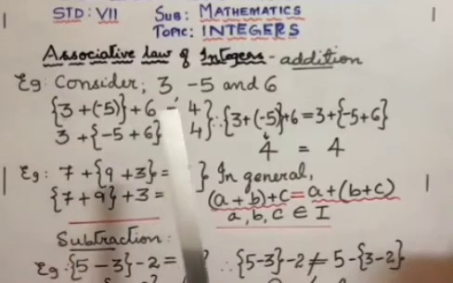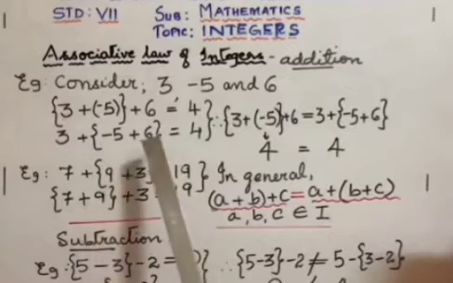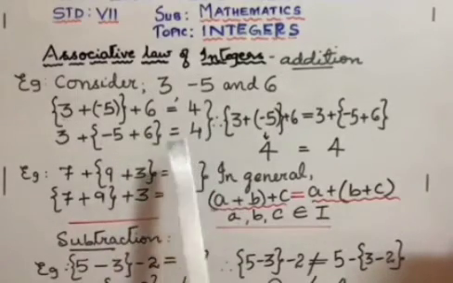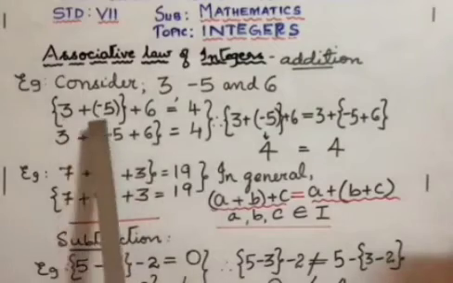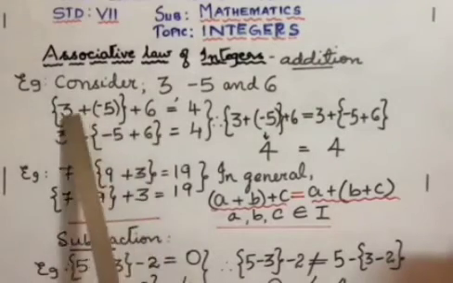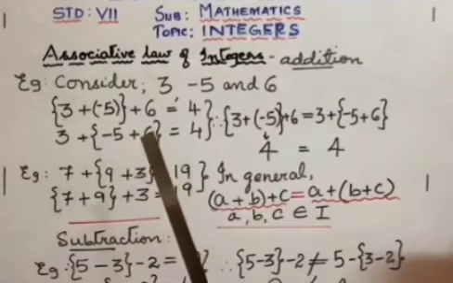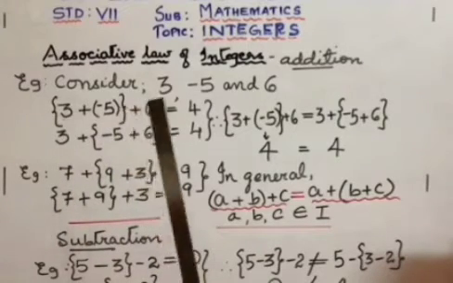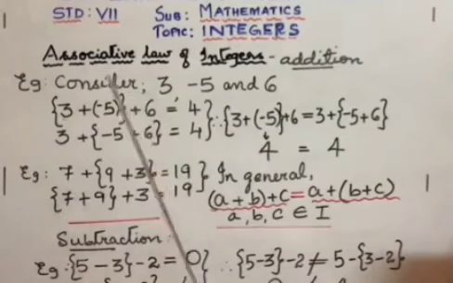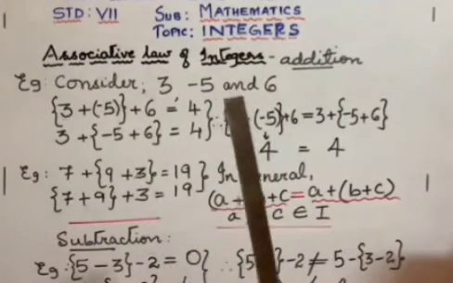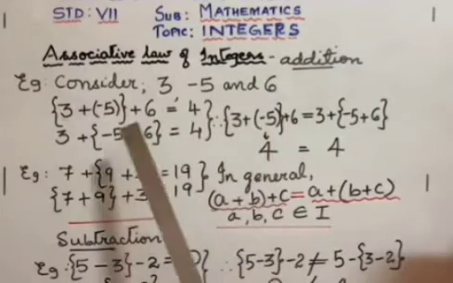I'm sure all of you must have noticed, because we have done this for whole numbers. Many of you might have recalled what it is. Yes, here we have changed the grouping of the integers. In commutative property, we have changed the order of the integers. That is, if it is a plus b, we have written it as b plus a. The result is the same. That is commutative property.